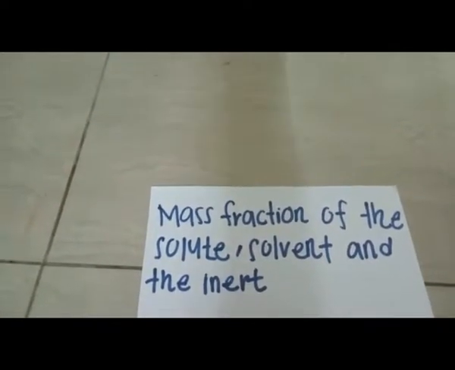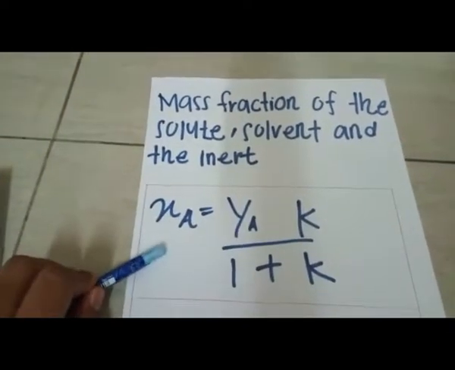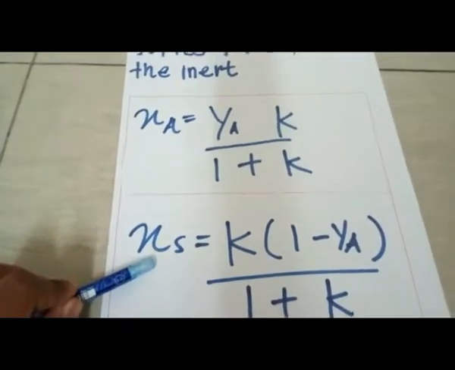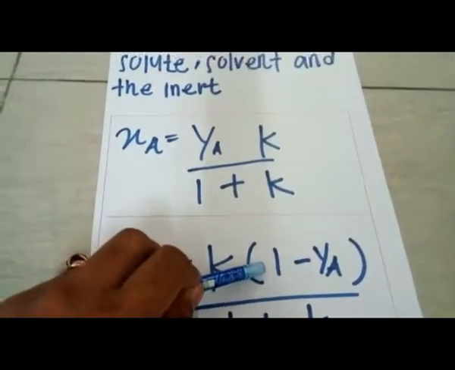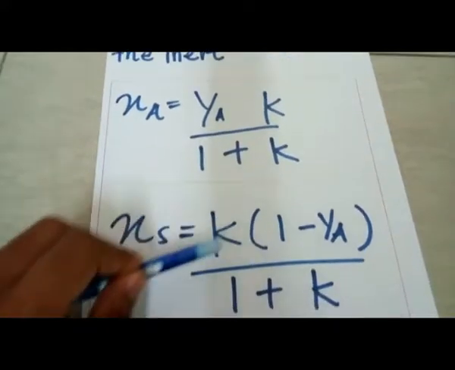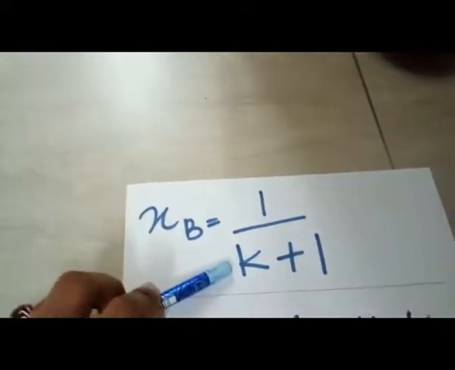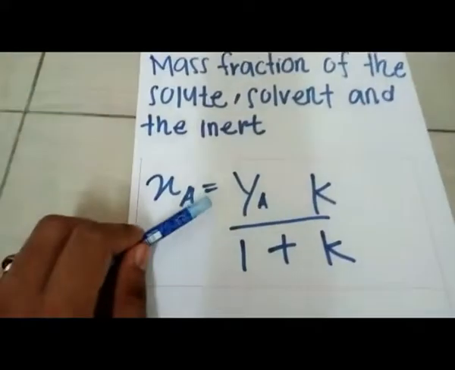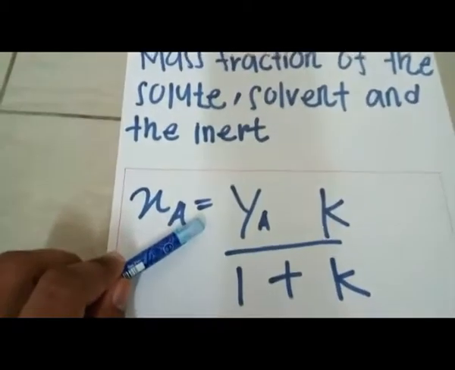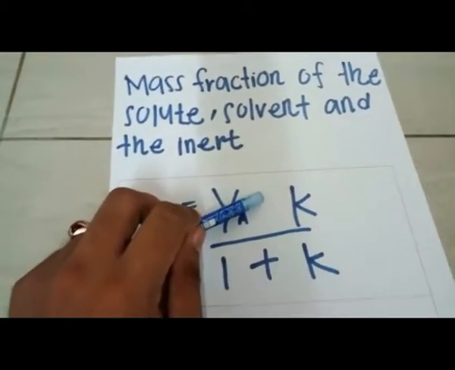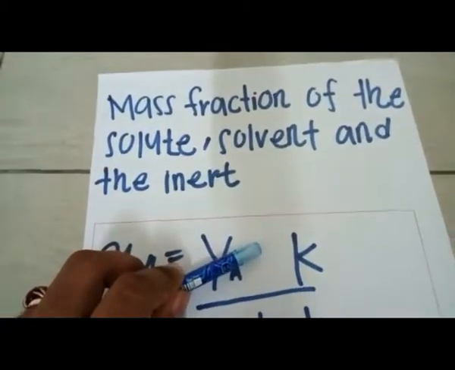As you can see, this is the mass fraction of solute, Ya times K over 1 plus K, and this formula is for mass fraction of solvent, K times Y minus Ya over 1 plus K, and this is the formula for mass fraction of inert, 1 over K plus 1. So, Ya stands for mass of solute over pound of solution in the overflow, and K stands for mass of solution removed in the underflow per unit mass of solid.